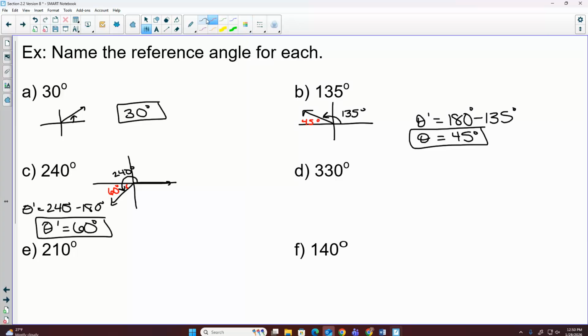If I said 330, that's in the fourth quadrant. How would I get my reference angle there? Same way, except I don't want to use 180 this time. 360.